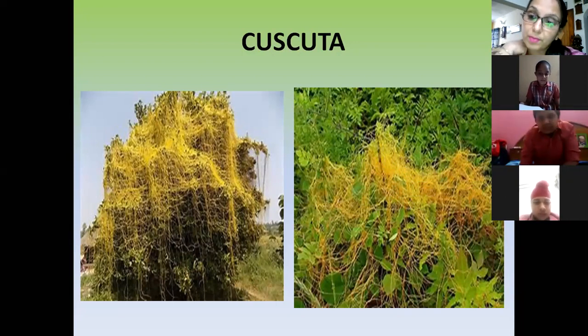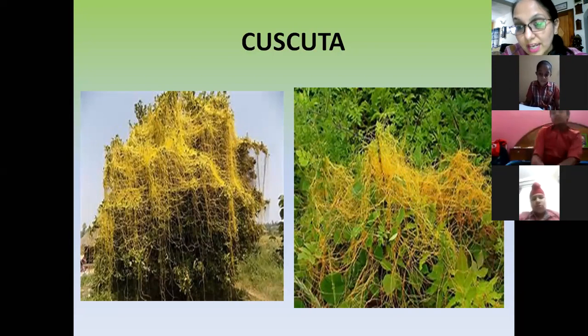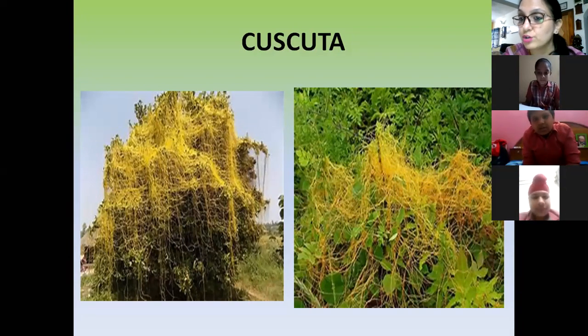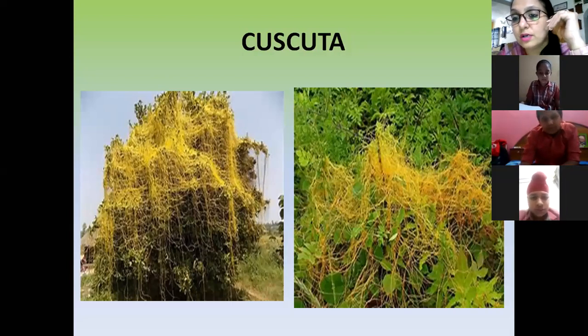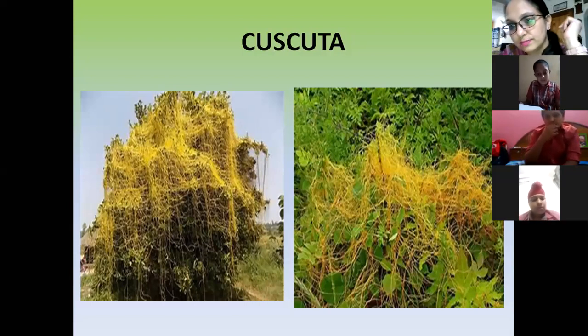That yellow plant is called the parasite, and that green plant is called the host. And that yellow plant's name is Cuscuta. This is very important. Remember this name. If I give you a question, give me the name of a parasitic plant, you will write Cuscuta. Okay?